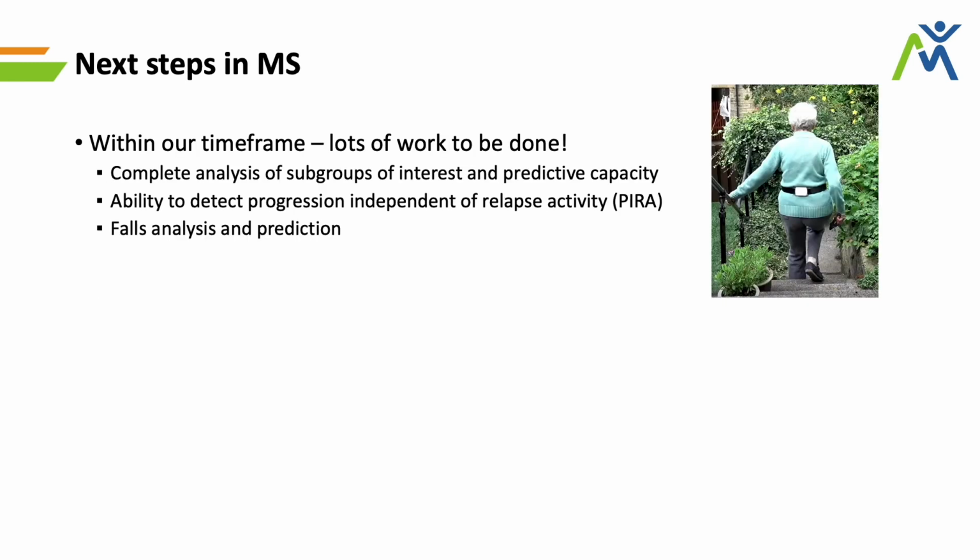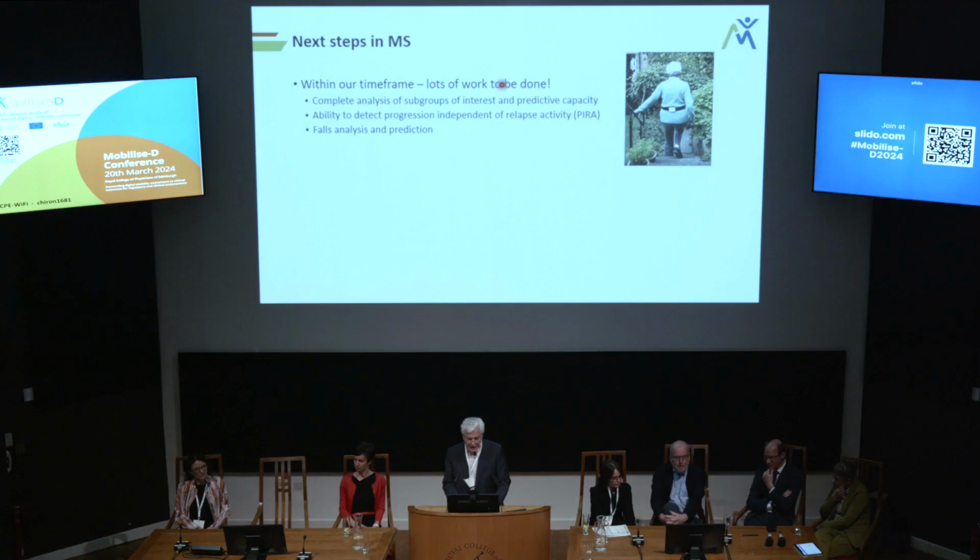The next step we thought would be to complete the data analysis, and we're doing that really. We hope we'll be able to do it in the next 2 years. We thought it would be important for us perhaps to utilize the data to try to understand progression-independent relapse activity in multiple sclerosis, which is thought to be the holy grail of why patients get worse, despite the fact that we can suppress inflammation in this condition.